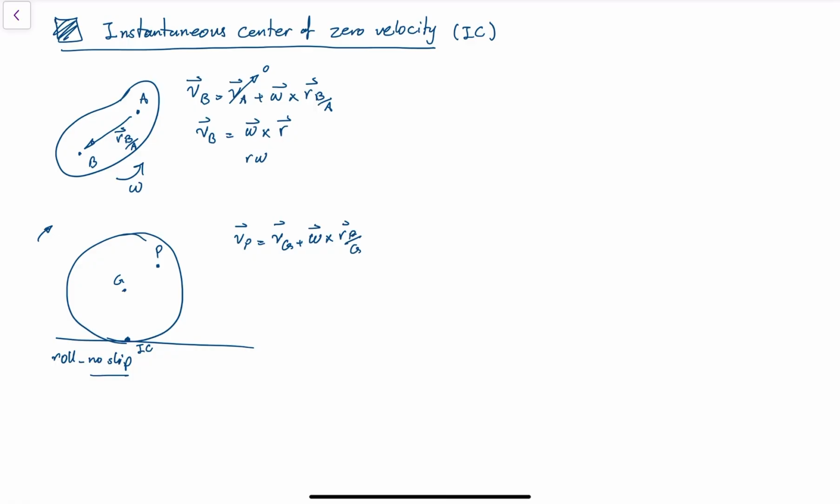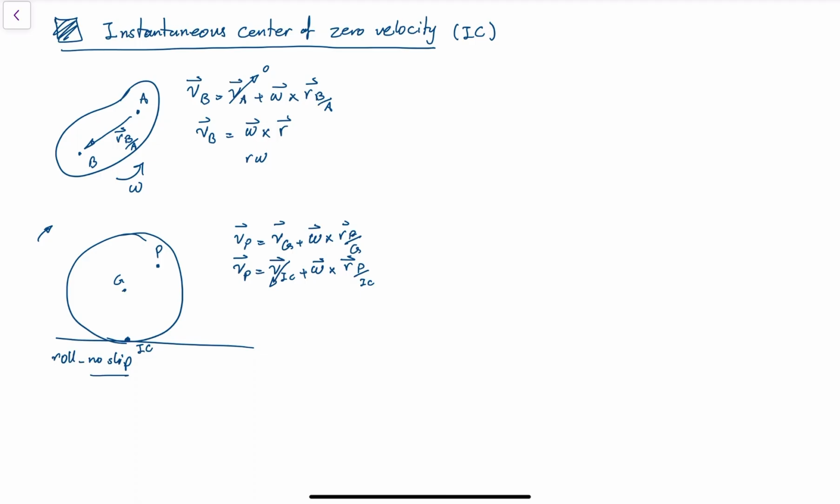And if we accept this, then all of a sudden I can write the same equation, omega cross r of P relative to this point IC.